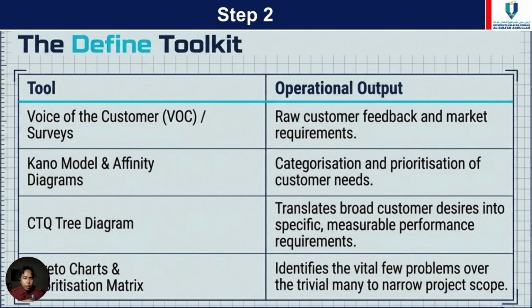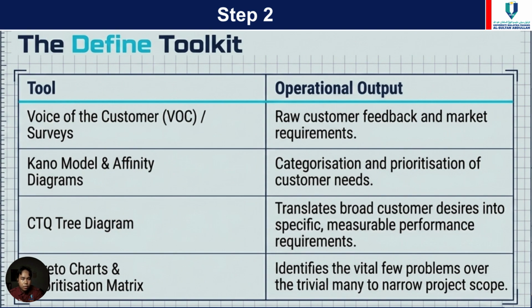There are several tools to help us define the problem, which are VOC, voice of the customer, or we can also call it surveys, and then the Kano model, affinity diagrams, CTQ tree diagram. CTQ is critical to quality. And then Pareto charts and prioritization matrix.